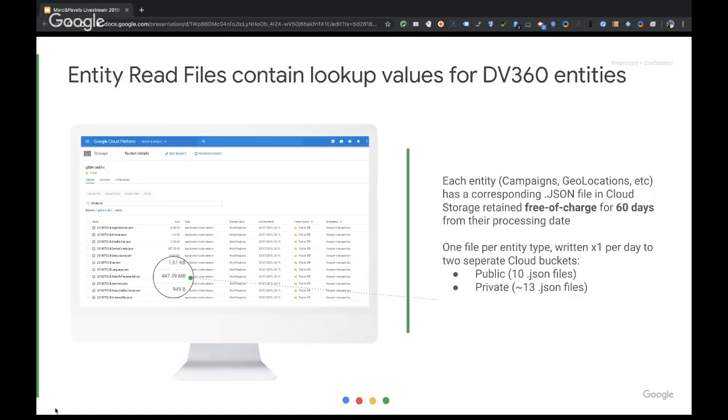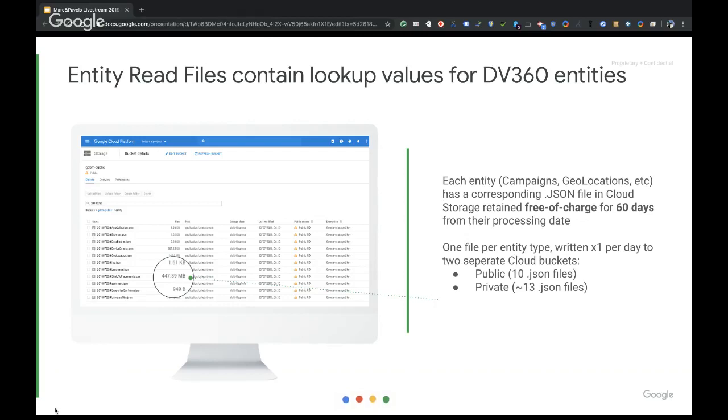Right, so entity read files contain lookup values, that's what they're called. The files themselves are written one time per day, and they're contained within a cloud bucket. Sorry, I should have mentioned that first. There are two types. There's public, which contains all of the entities that are universal to all advertisers.